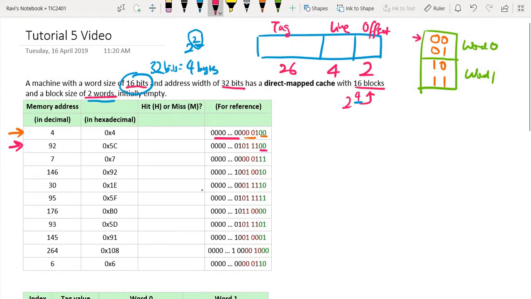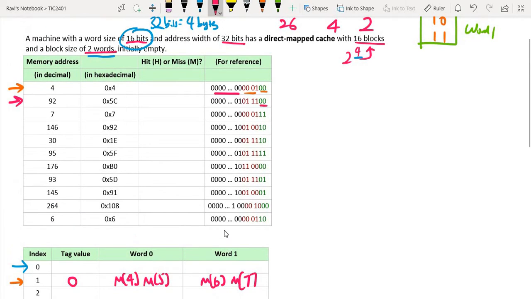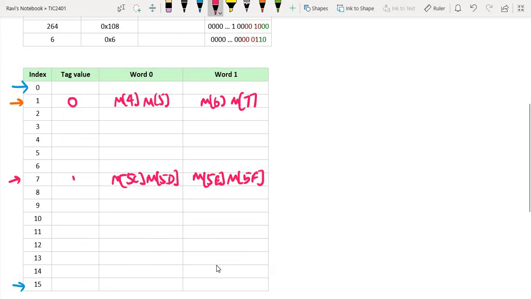So I will have data from memory location 5C and 5D, and then memory location 5E and 5F. If I look at the upper bits, the tag value here is 1, so I'll put the tag value of 1 over here.